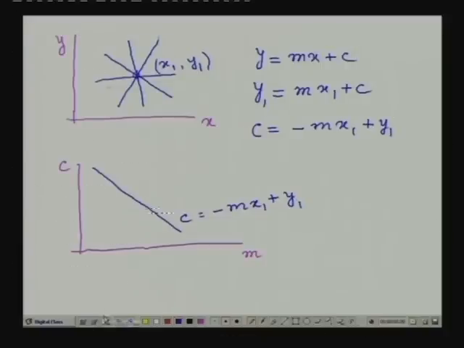Now, let us see what happens if I have 2 points in our spatial domain, the x y plane. So, again I go to our spatial domain. This is my x axis and this is my y axis, and suppose I have 2 points, one is x i, y i, and the other point is x j, y j.